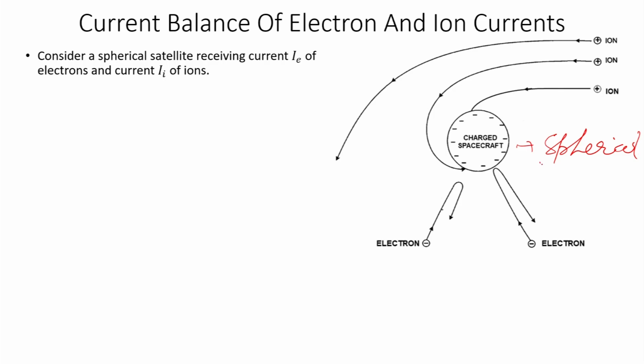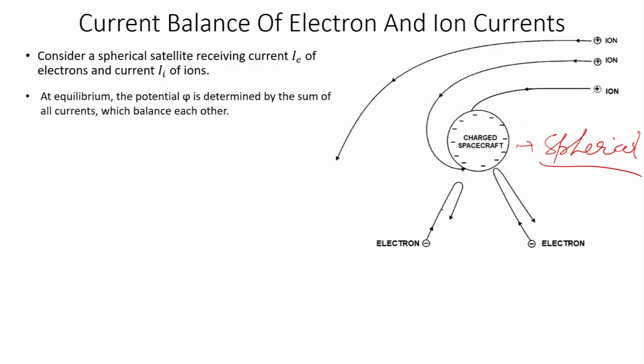There is an incoming flux and an outgoing flux. Electrons are outgoing and the ions are coming. Something is coming and something is going. When these rates balance each other, the spacecraft will attain equilibrium potential, and at that time the total current will be 0.